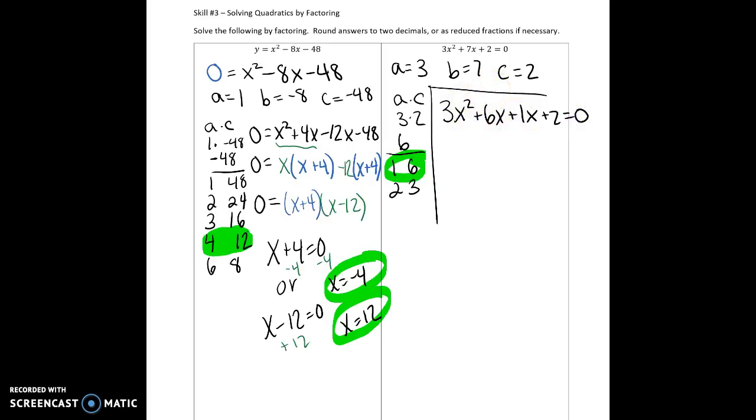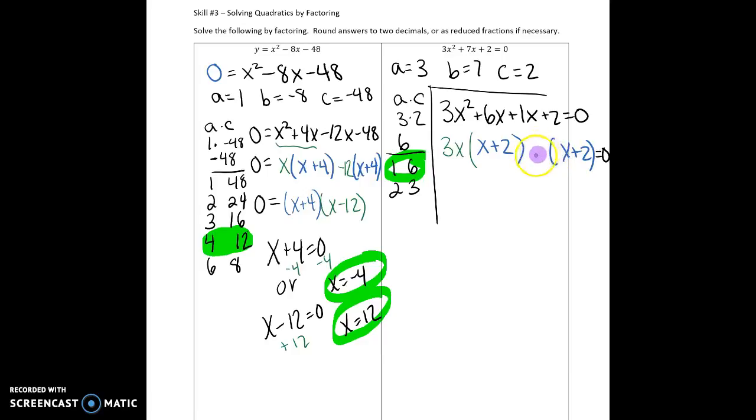Again, I'm going to factor by grouping. Looking at my first two terms, I have a 3x squared and a 6x. I know I can take out a 3x, and I am going to be left with an x plus 2. Again, because we're factoring by grouping, I know I want to see that again.